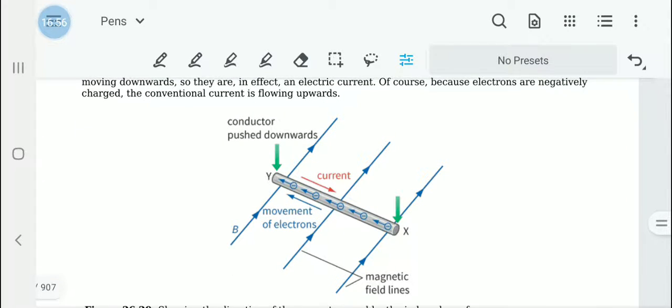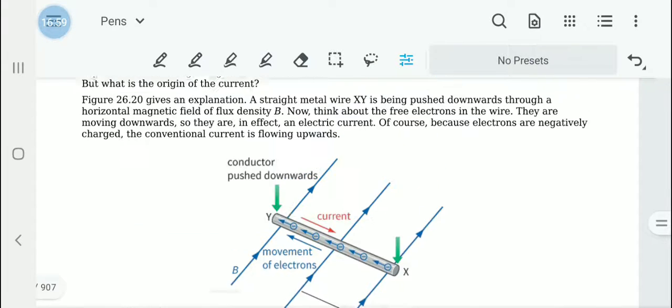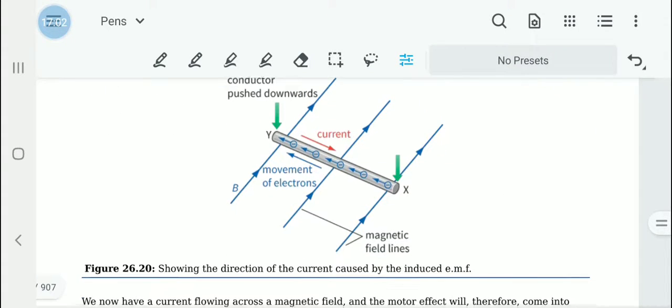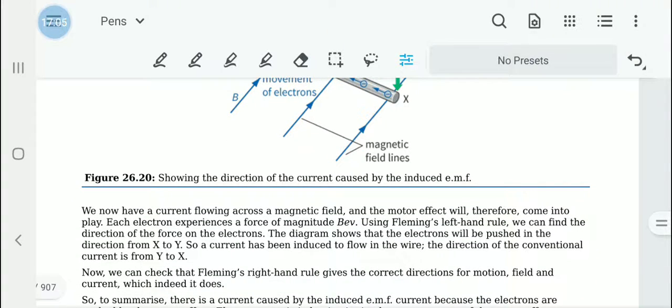When the electrons start moving downwards, as shown in the below diagram, a current is generated upwards. This current that flows across the magnetic field brings about the motor effect, generating a force of magnitude BeV, capital B, small e, v.